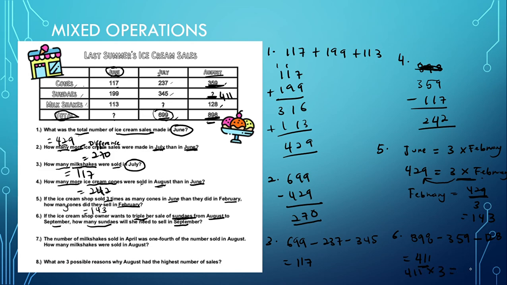So you will get an answer of 1233. So this is the number of sundaes they need to sell in September. 1233.